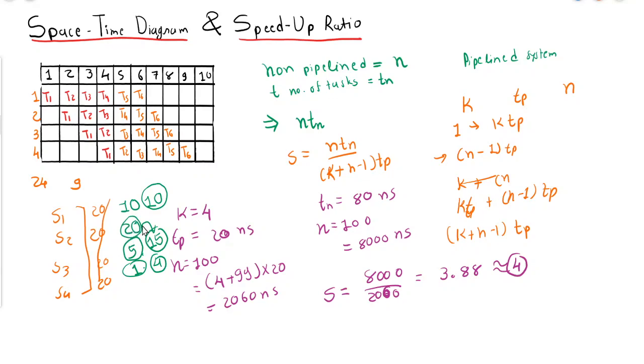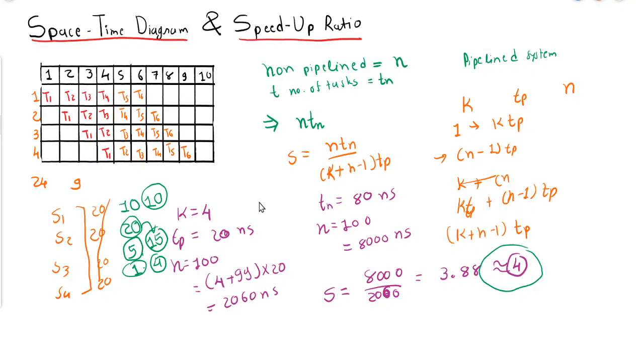So the theoretical speed up ratio which we are getting is not practically achievable. Why? Because in a pipeline system we have seen that there will be intermediate registers, so it will also take some time to forward the data from a segment to a register and from a register to a segment, while in a non-pipeline system there won't be any intermediate element, so data will be forwarded faster.